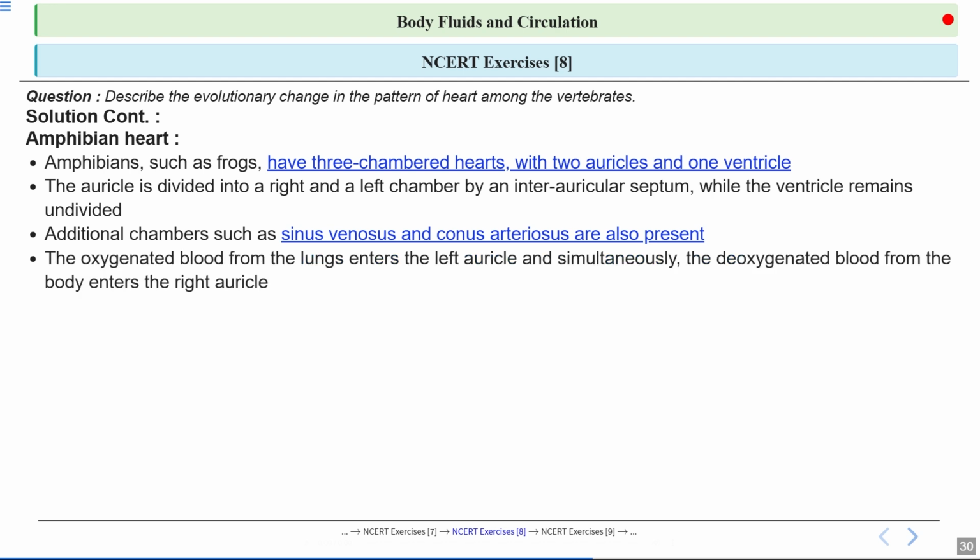Now, oxygenated blood from the lungs enters the left auricle, while deoxygenated blood from the body enters the right auricle at the same time. So this dual entry system is important for amphibians, but because the ventricle is undivided, some mixing of the blood still occurs.